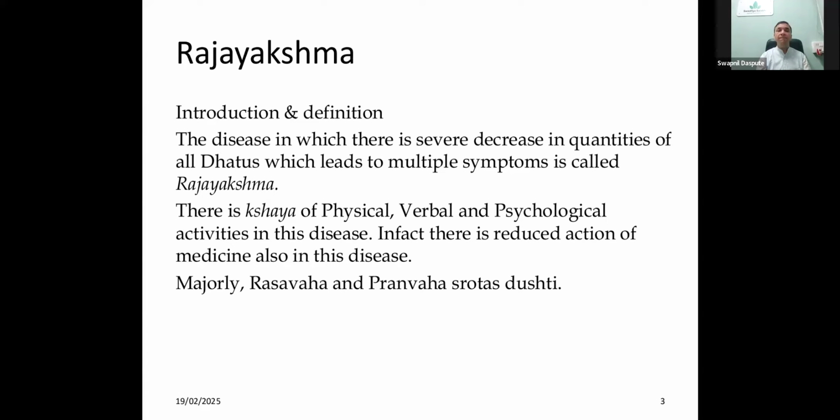Why? Now we know what is the reason, but again the question why? When there is reduction in or depletion of the Jatharagni, then the action of the medicine also is less. Why? Doesn't digest it? Correct.